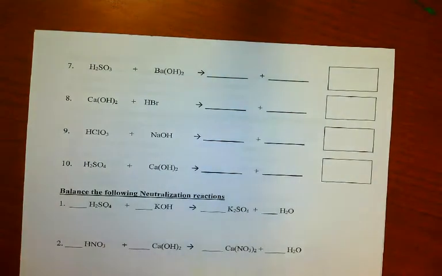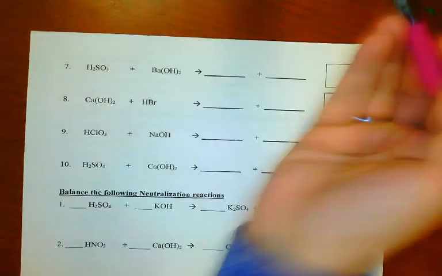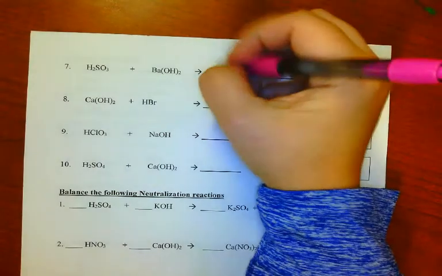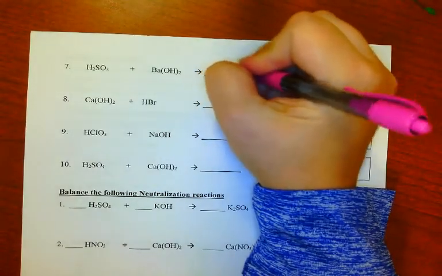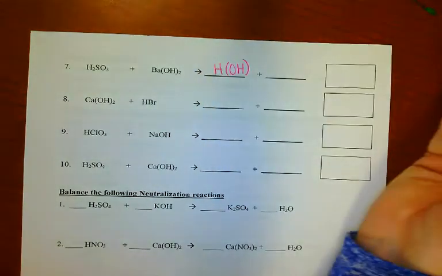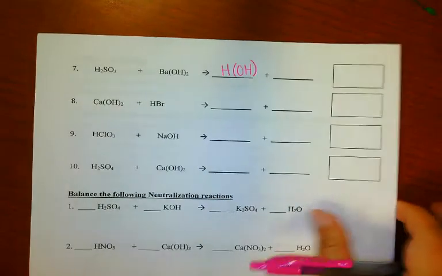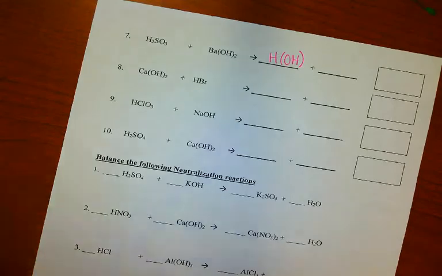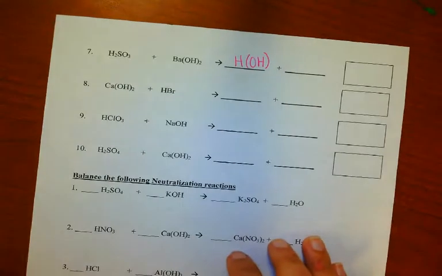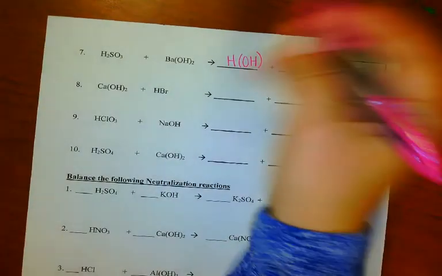Okay. This is very much like the first page. I'll just leave you an example since you don't want to flip back and forth for an example. You pull out the water. And after you pull out the water, you're going to form the salt.